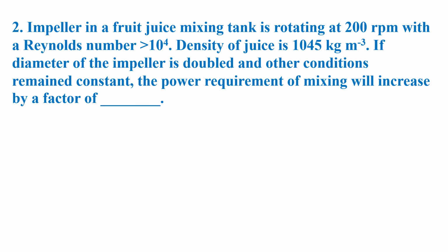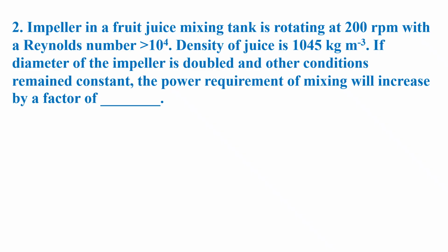An impeller in a fruit juice mixing tank is rotating at 200 rpm with a Reynolds number more than 10 to the power 4. Density of juice is 1045 kg per meter cube. If diameter of the impeller is doubled and other conditions remain constant, the power requirement of mixing will increase by a factor of?